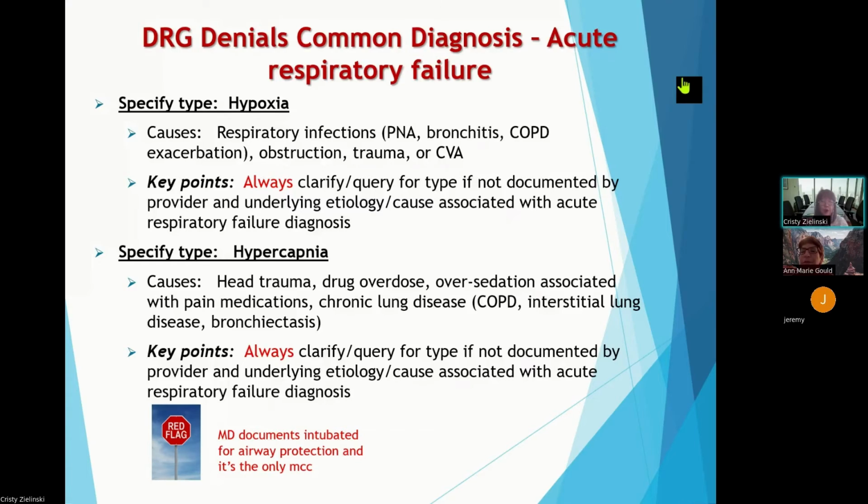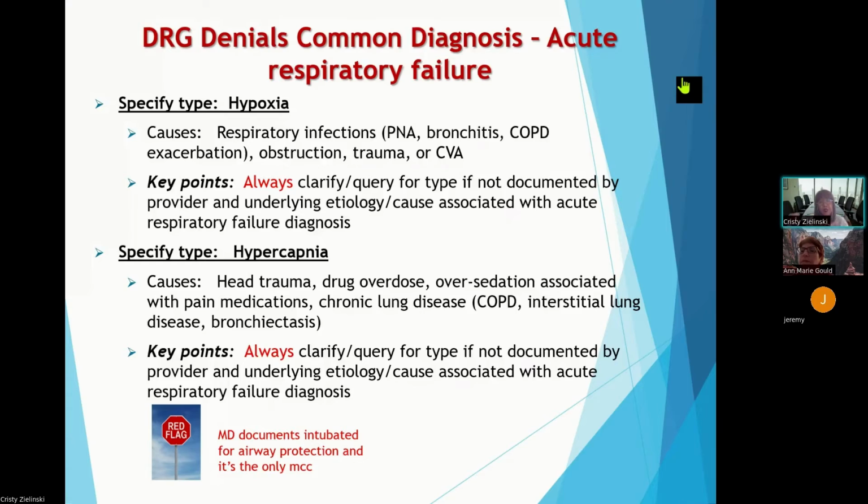So if the patient has dementia and is just confused, but there's agitation, and they give some medication to combat that agitation, like Ativan, then probably it's just dementia.